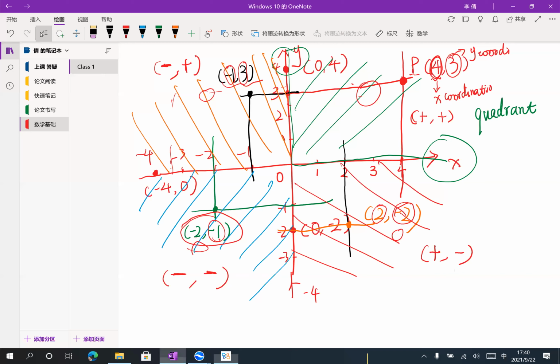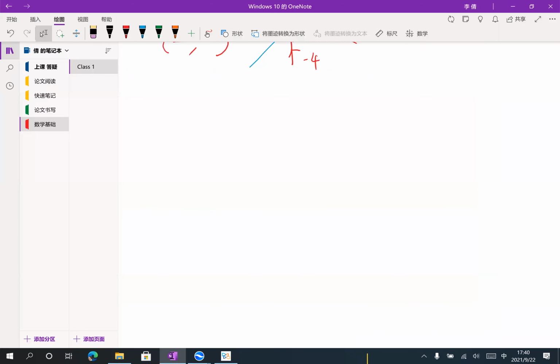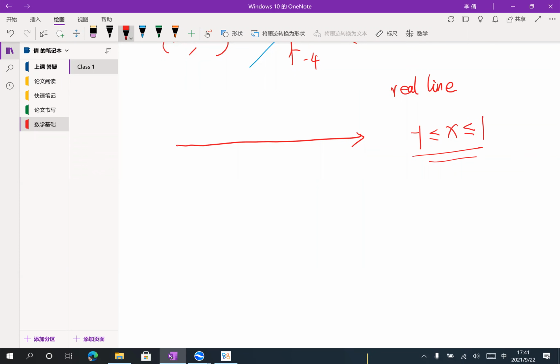Let's see, if on the real line we say x is larger than or equal to -1 and smaller than or equal to +1, and then we draw this on the real line, this is 0, this is -1, and this is 1, right?